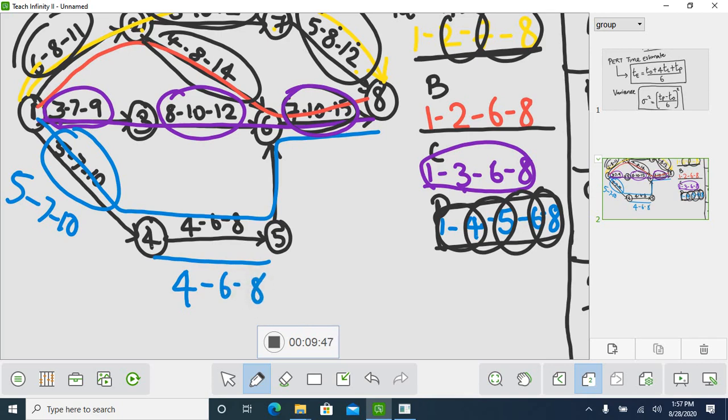I forgot to write that over here. For 5 to 6, you have 3, 5, 6. So these are your optimistic and pessimistic times. Next, same for 6 to 8, we have 7, 10, 15. So write it in your table. For 1 to 4, you have 5, 7, 10. Make a note.